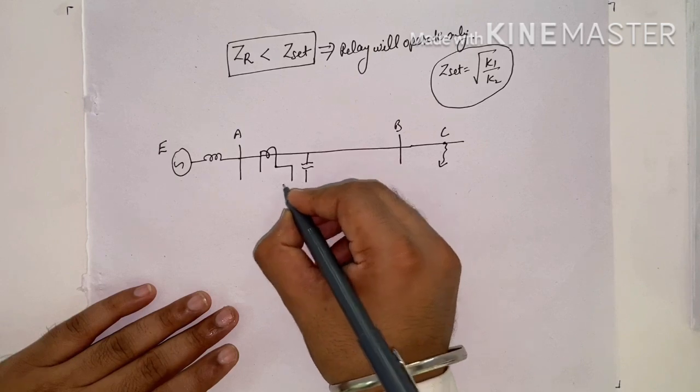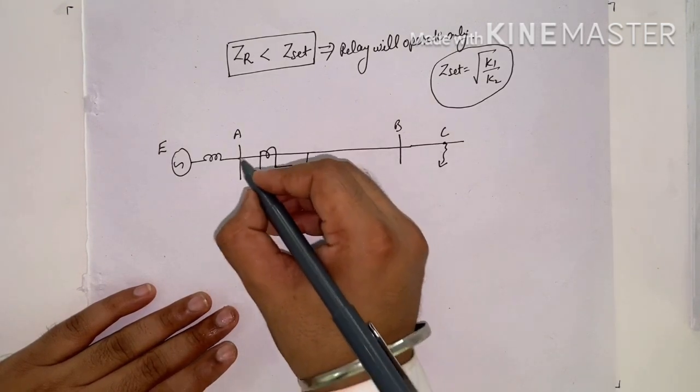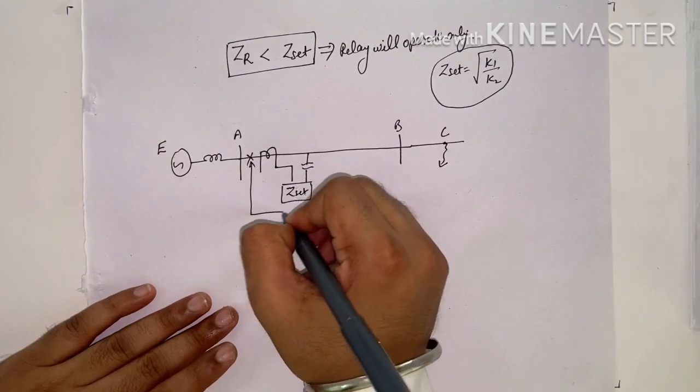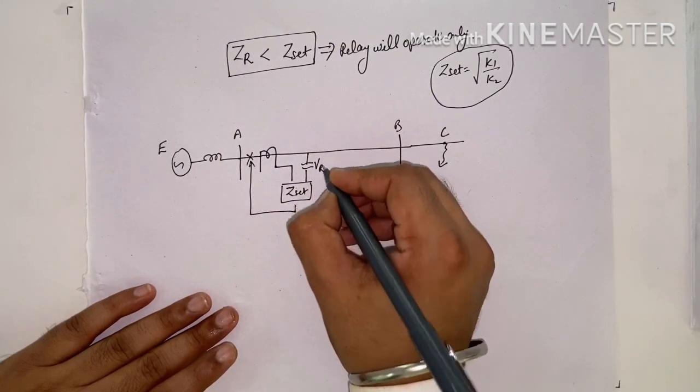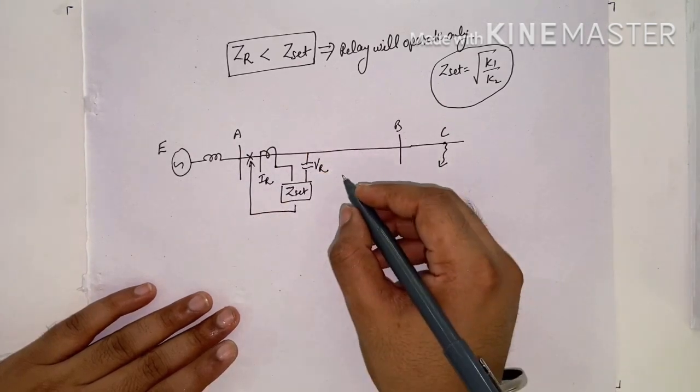This is the Z set value, this is the coil, this is the voltage V_R, and this measures the current I_R.